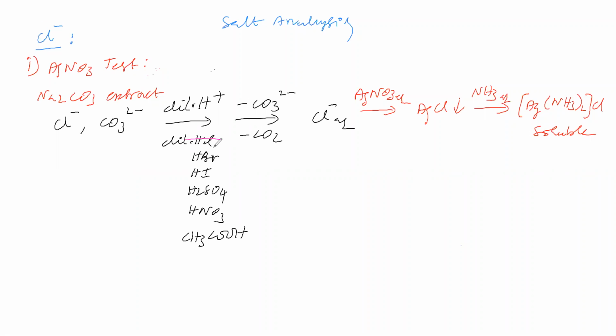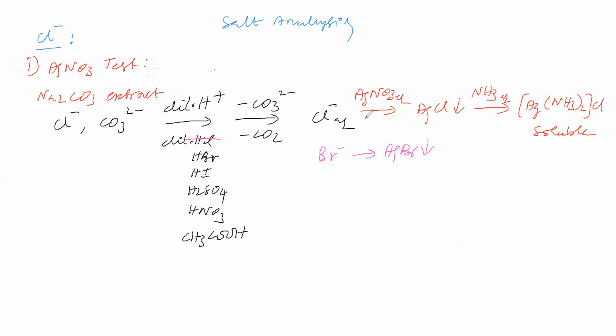Can we add HBr? If we add HBr, Br minus will be there, and it will give AgBr precipitate with silver nitrate. We are testing Cl minus, so the reagent should react with the tested anion, not by adding another anion.